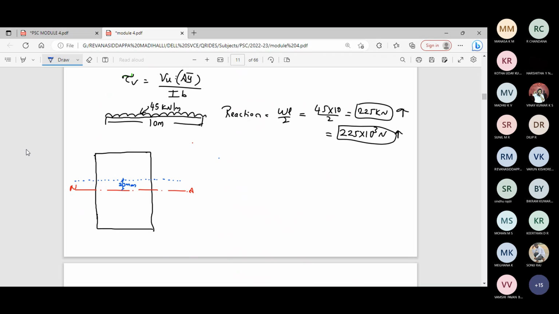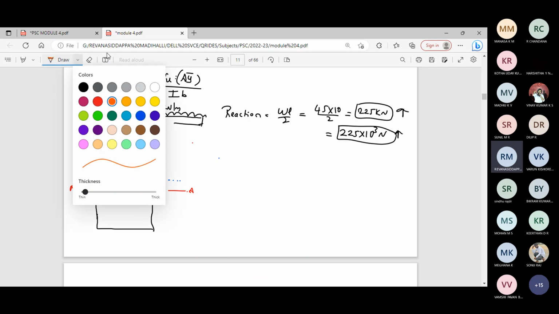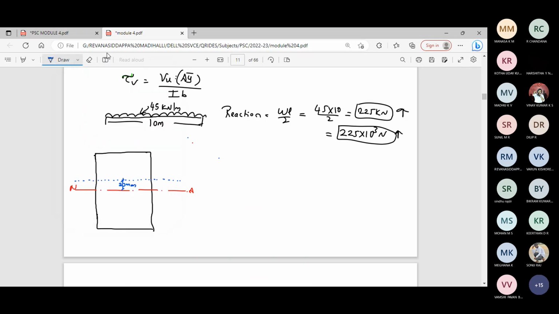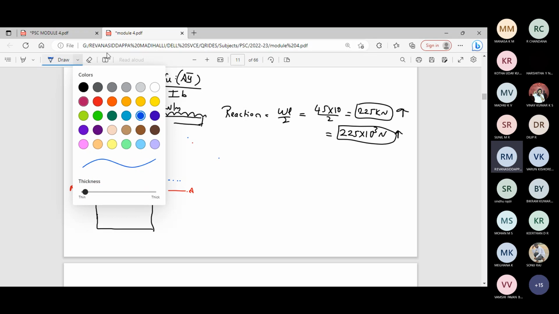While finding the moment, we have to find the moment of the shaded portion above the dotted line which is drawn at a distance of 20 mm from the neutral axis. Now I'll write the cable profile separately, which is required to find the value of sin theta.